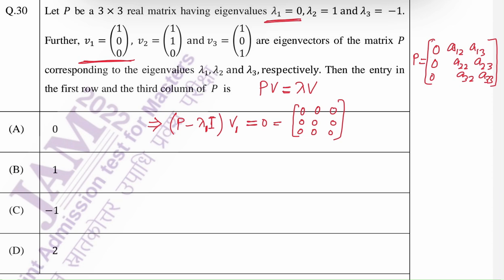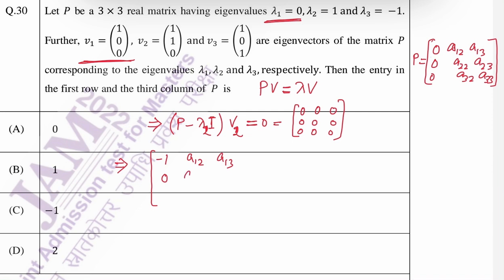Now I have to use the second, so this time here will be 2 and accordingly here will be 2. Okay, so now putting the values, this time we have -1, a12, a13.